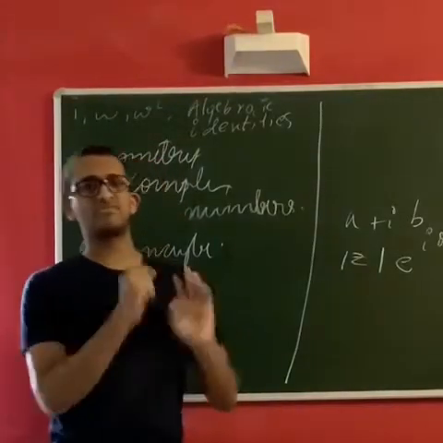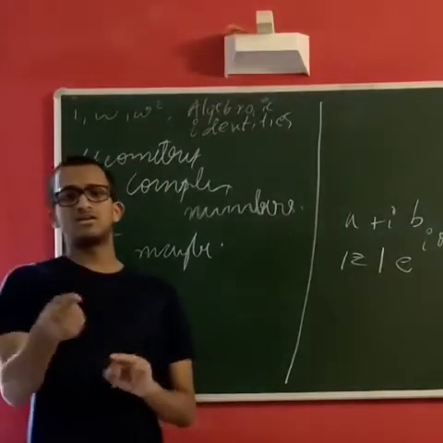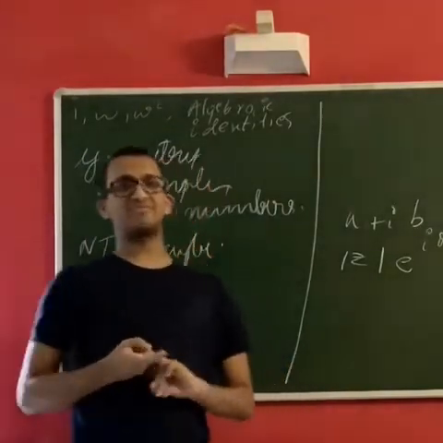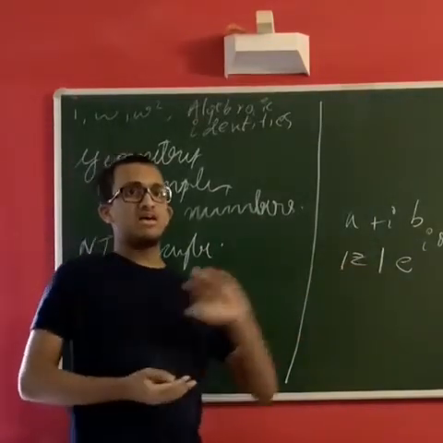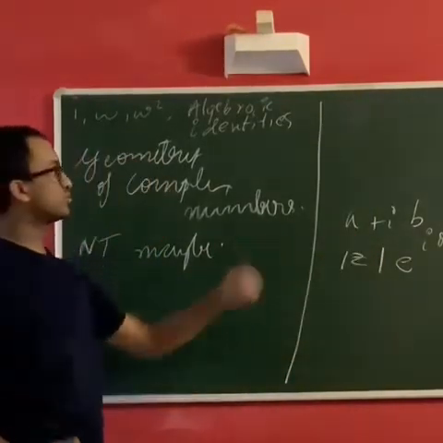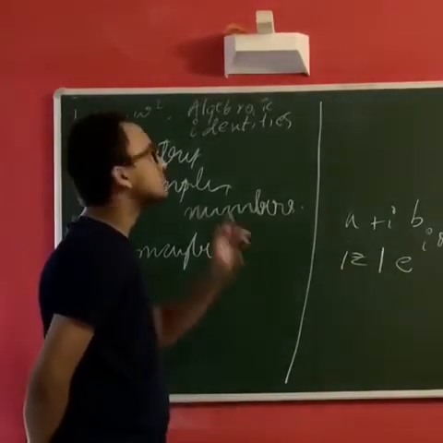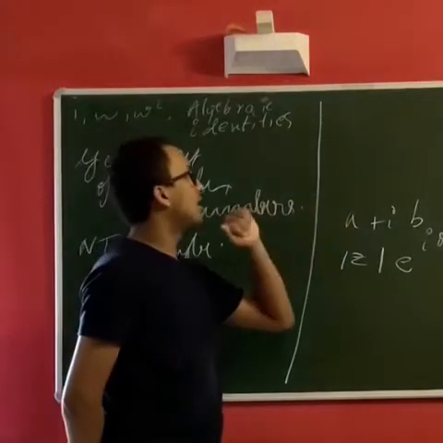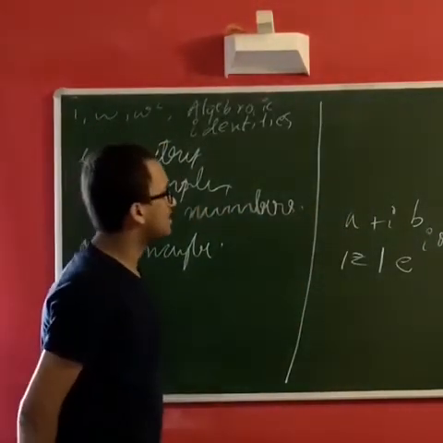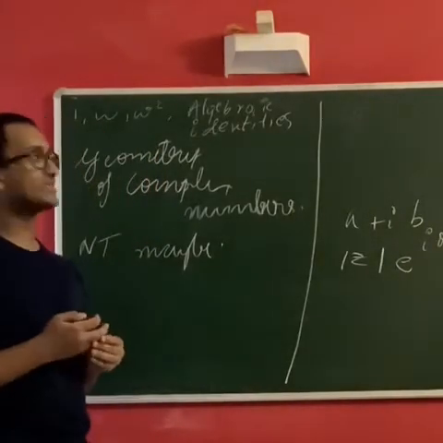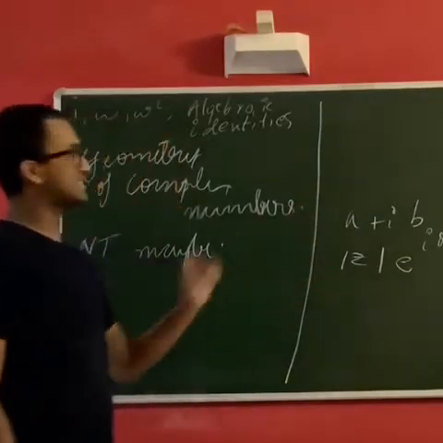We tested whether it's a field, and I told you to check the proof for yourself that it's a field, that it's a closed field, that any polynomial from that field has roots in it. And then later we went to checking whether it's an extension of real numbers.